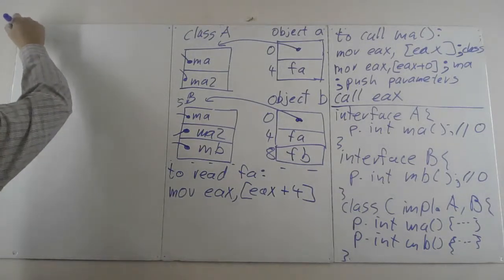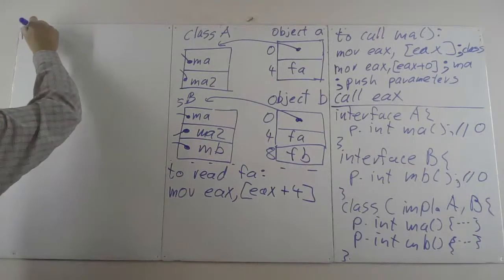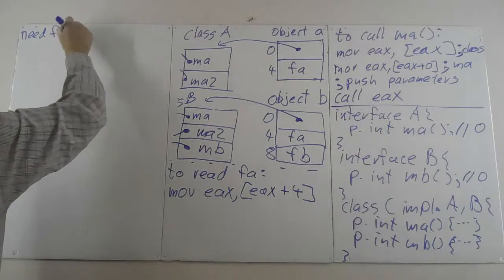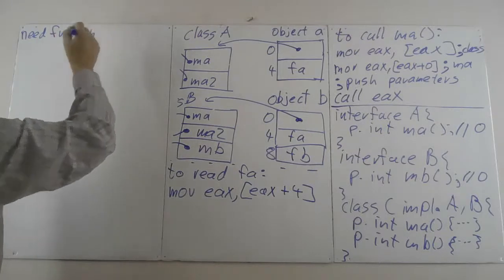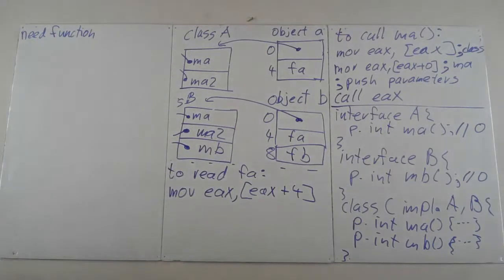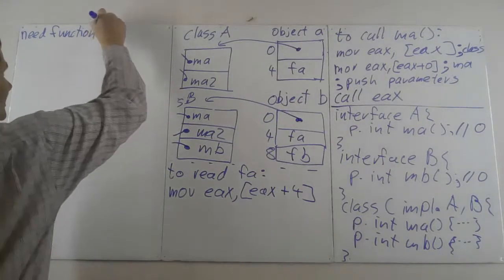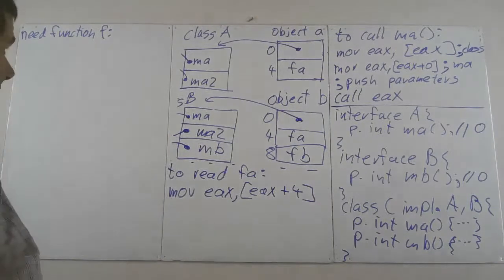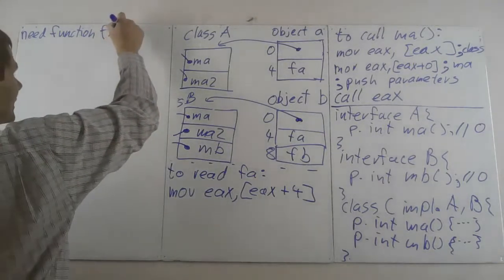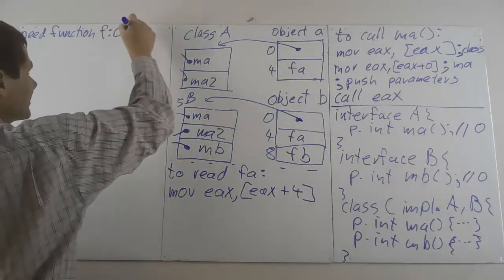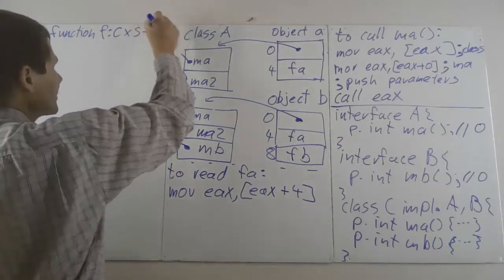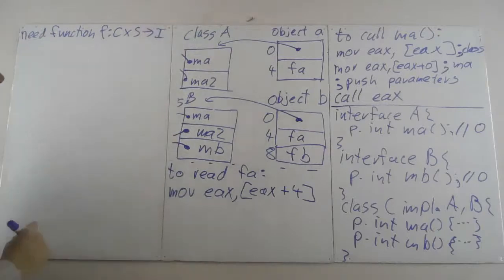What we need at runtime is an implementation of a function, I'll call it function F, that takes two things as input, C and S, and returns a pointer to an implementation.